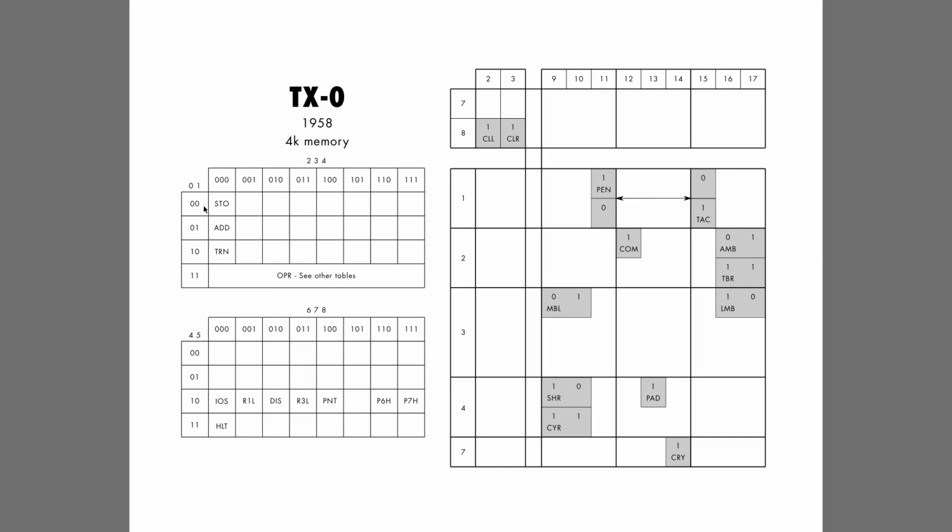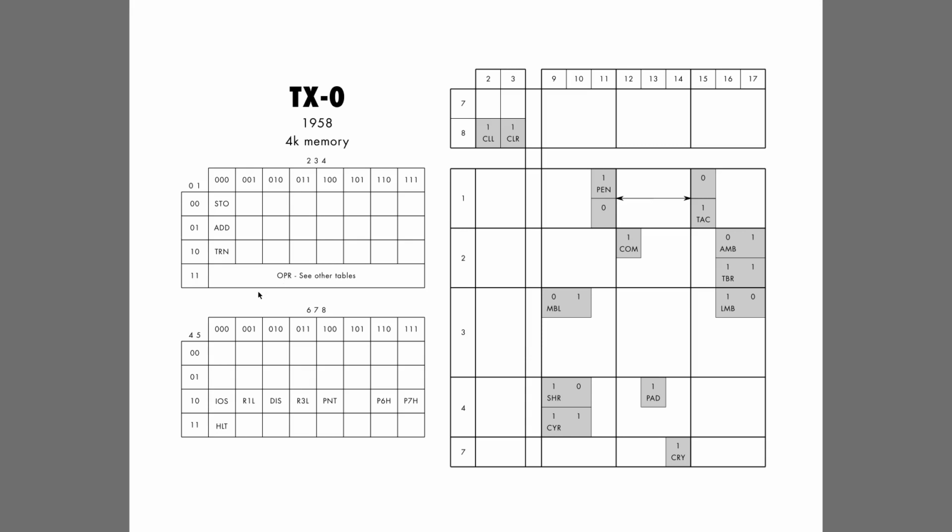So 0, 0 encodes a store instruction, which places the accumulator into memory at the addressed location. 0, 1 adds the word at the addressed location to the accumulator, and 1, 0 encodes the transfer of negative instruction, which jumps to the addressed location if the accumulator is negative. So there is no way to jump if the accumulator is positive.